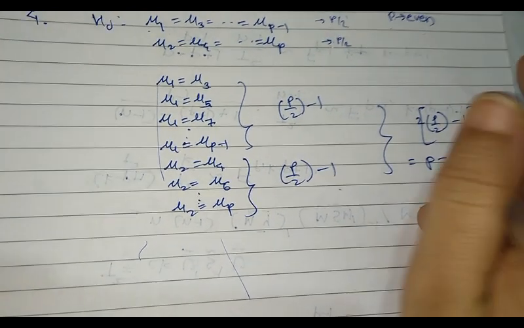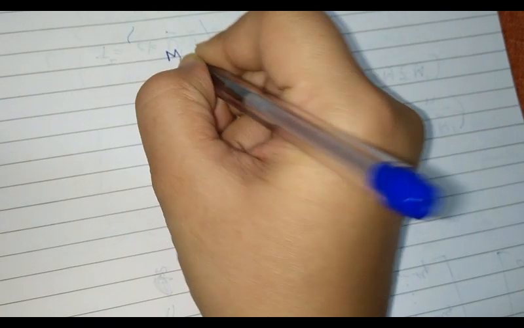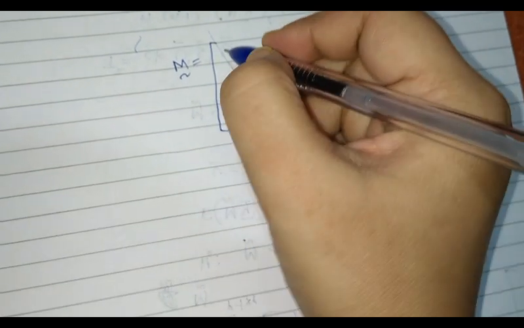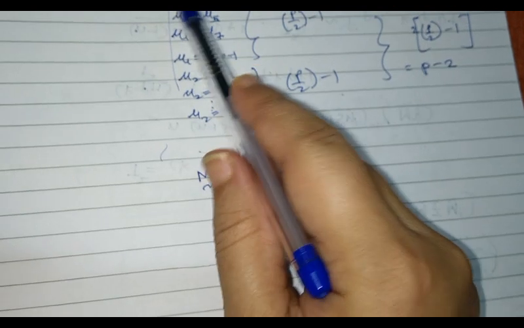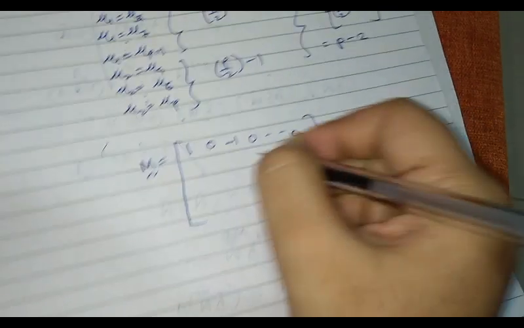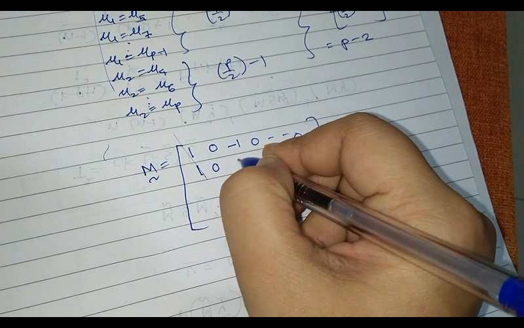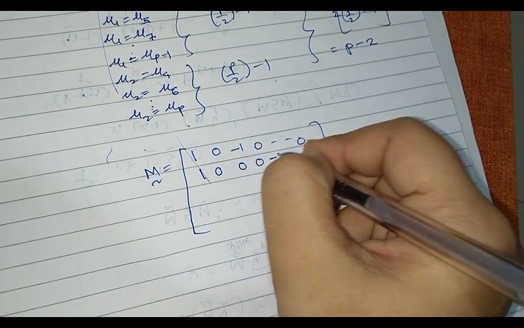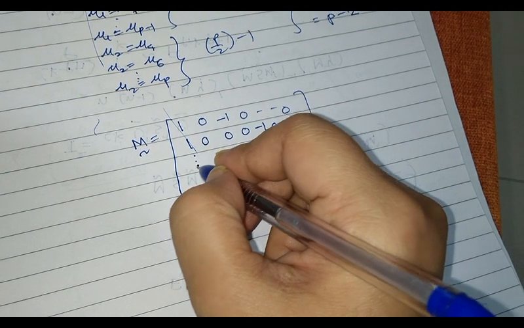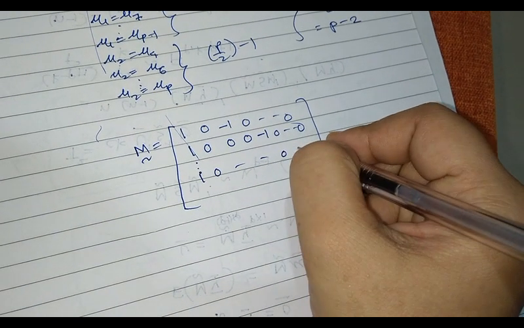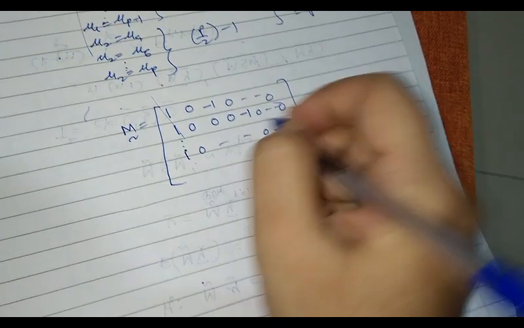So I can construct my M matrix as 1 0 minus 1, because I want 1 and 3 to be equal, then 1 0 0 0 minus 1, because I want 1 and 5 to be equal, and so on till 1 0 0 minus 1 0 for P minus 1.